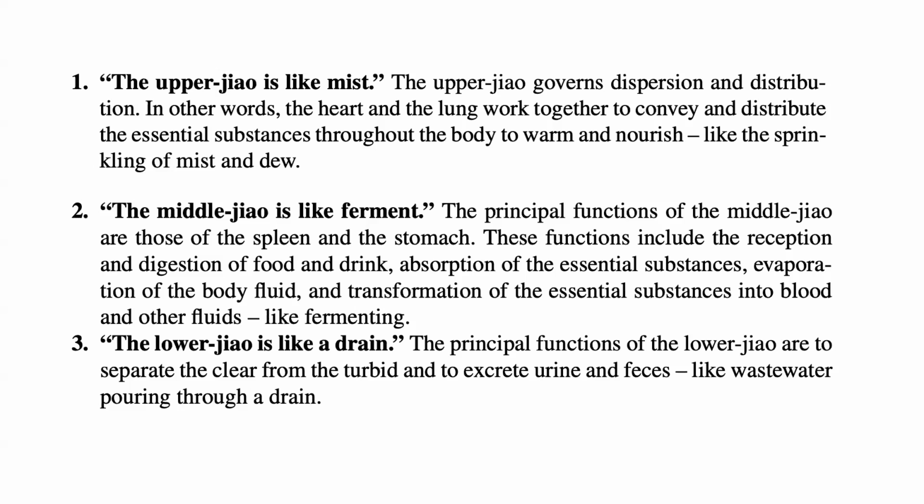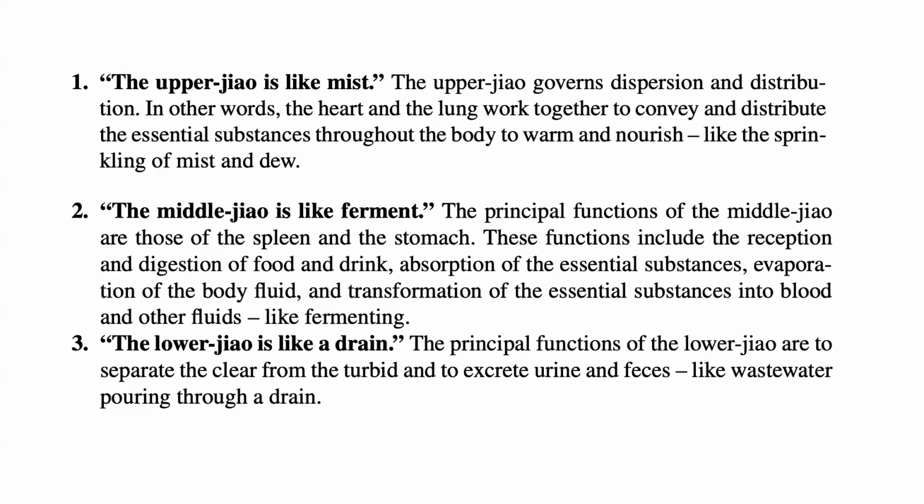Functional characteristics of the 3 jiao are as follows. Number 1, the upper jiao is like mist. The upper jiao governs dispersion and distribution. In other words, heart and lung work together to convey and distribute essential substances throughout the body to warm and nourish, like the sprinkling of mist and dew. Number 2, the middle jiao is like ferment. The principal functions of the middle jiao are those of the spleen and the stomach.